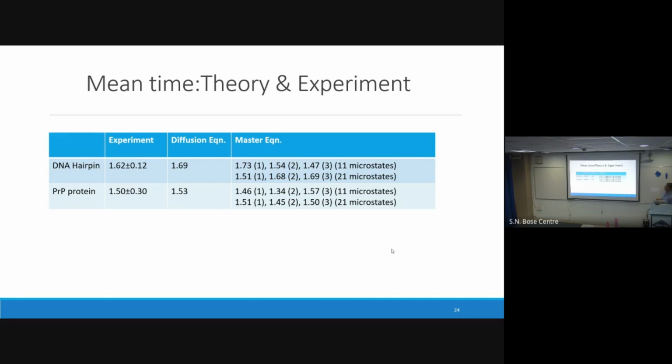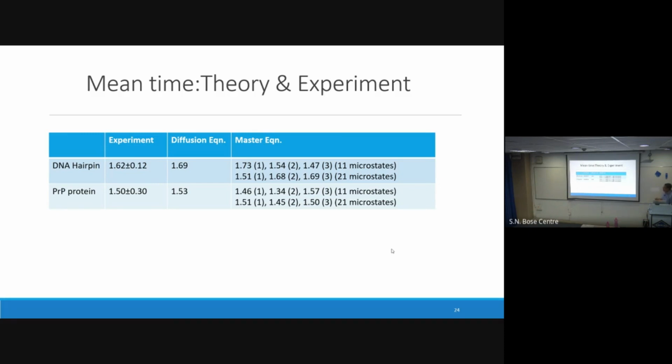However, the important thing is that if you use 11, you need to try many realizations. If you use 21 microstates, almost all attempts will give you very good numbers. As I mentioned, you are going towards the continuum limit, so that's why.